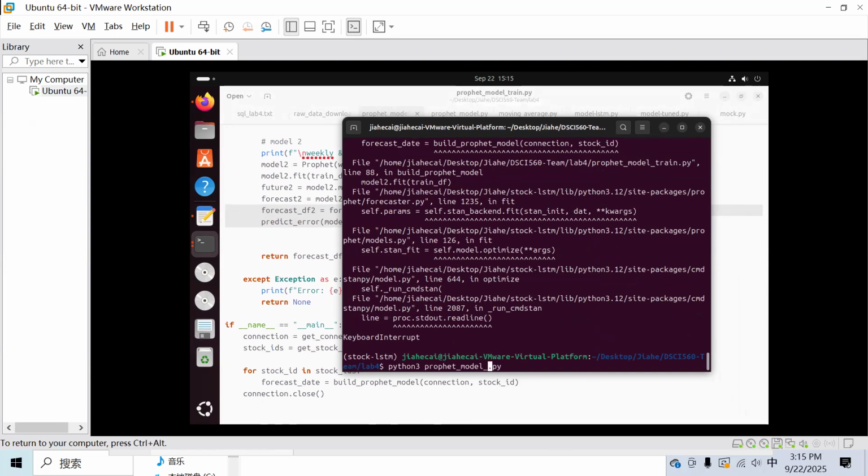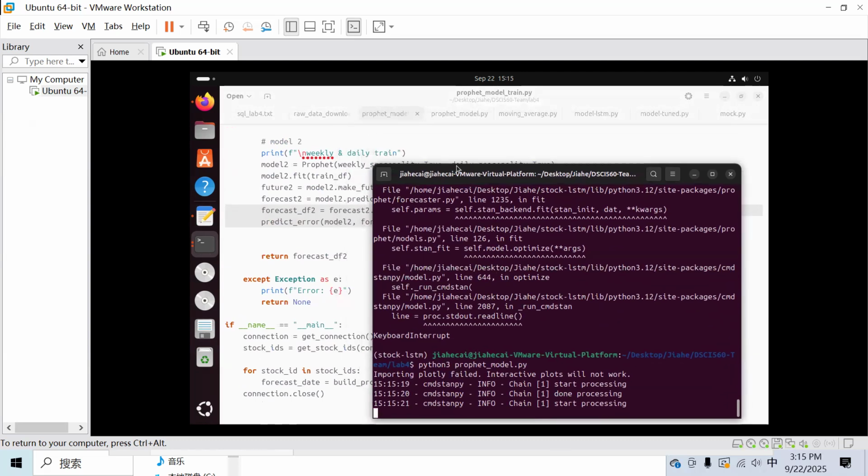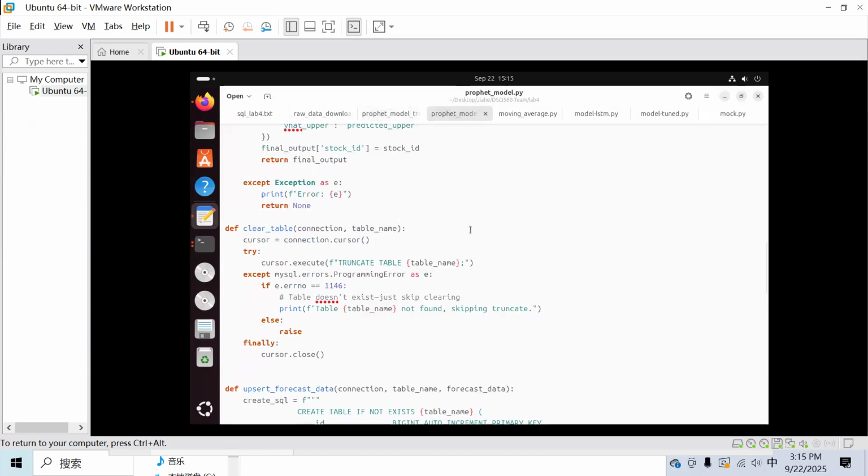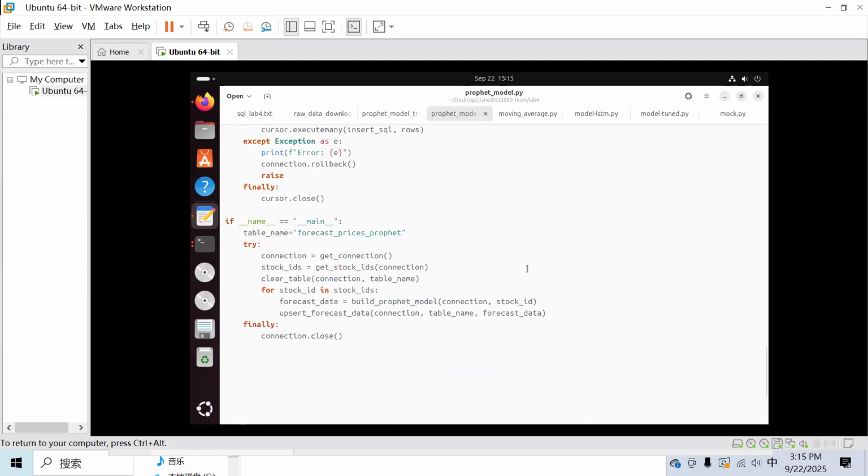And then the next one is the real model I use. First, we get the stocks from the database. Then for each one, we build the forecast data for 30 days.